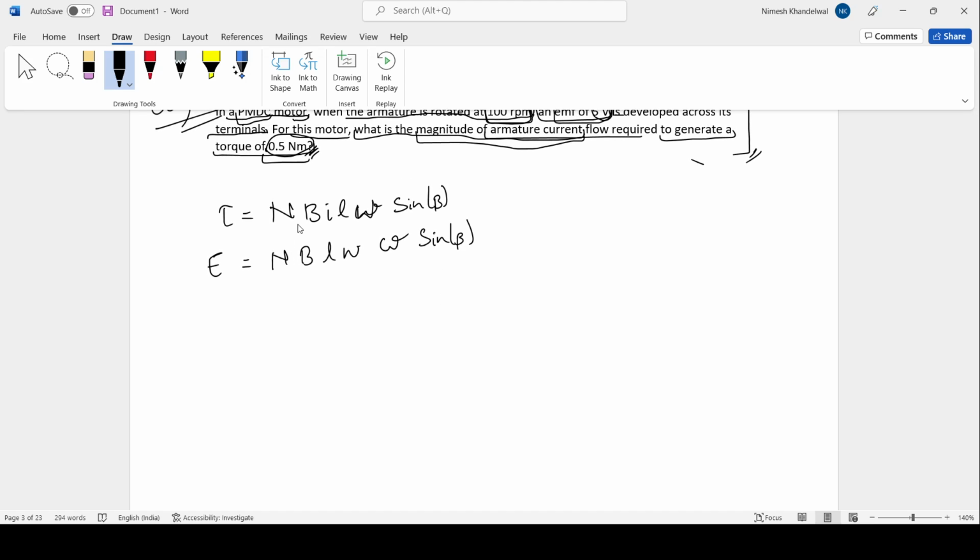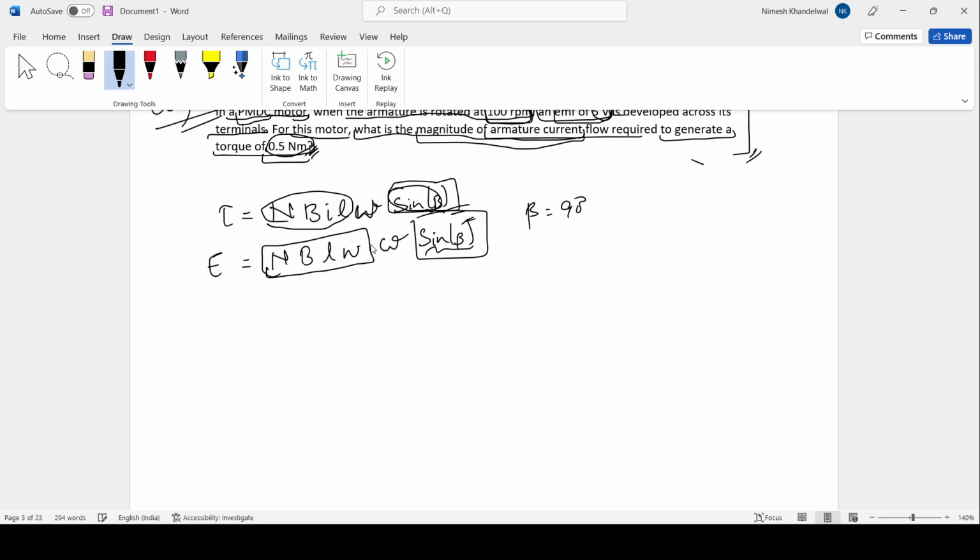Now if I say that everything else is constant, what everything else? This N B L omega, because these are properties of your coil, and this sine beta. This beta is constant actually. For this arrangement, beta is 90 degrees.